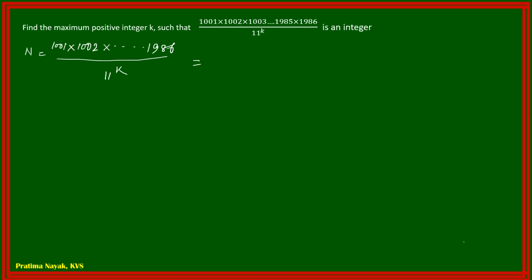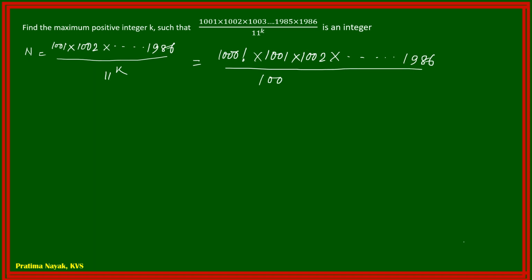Next we will be multiplying 1000 factorial in both the numerator and the denominator, so that I can apply number theory to find the quotient when it is divided by 11 power k.